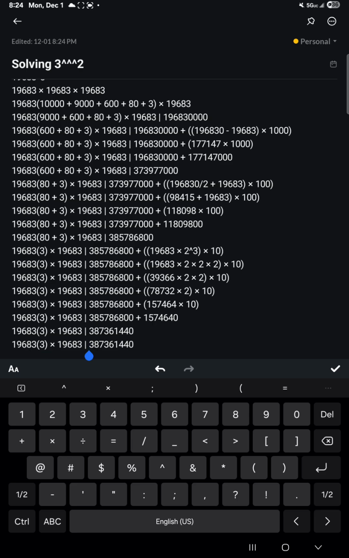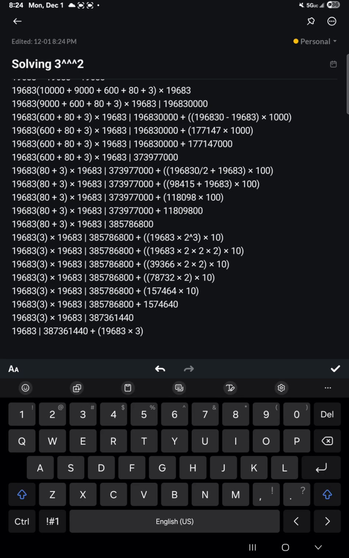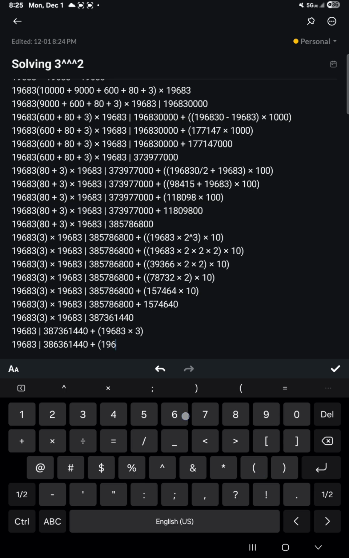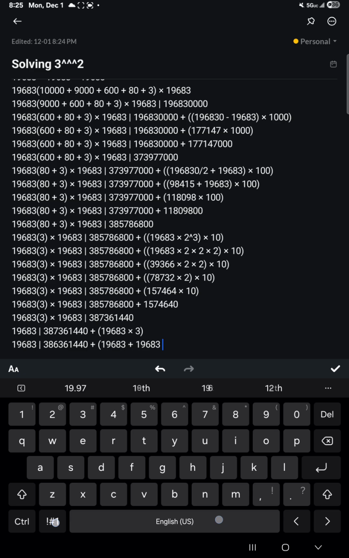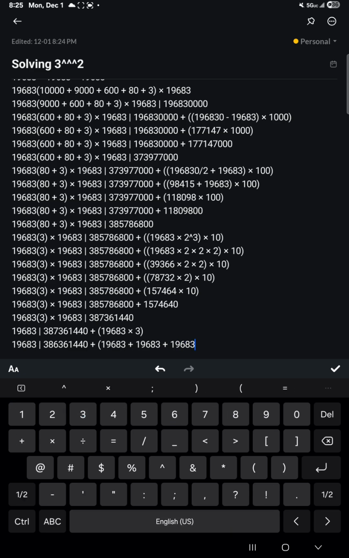Let's sum out this last one. It is 3. So it just becomes 19683 times 3. Now let's try to solve this one. 6 plus 3 is 9. 36, so carry the 1.